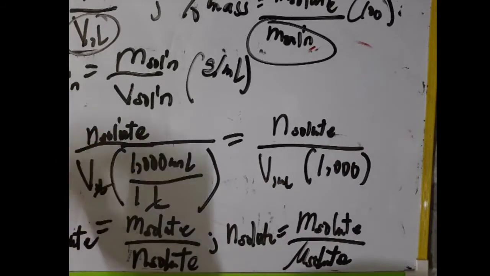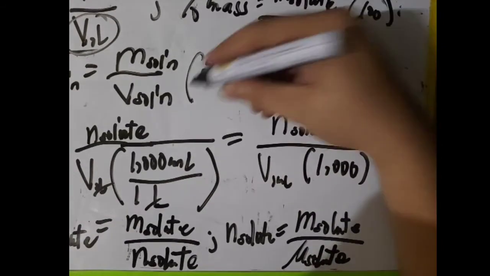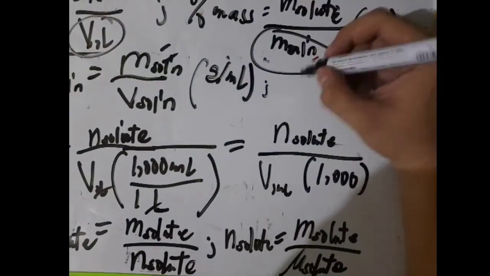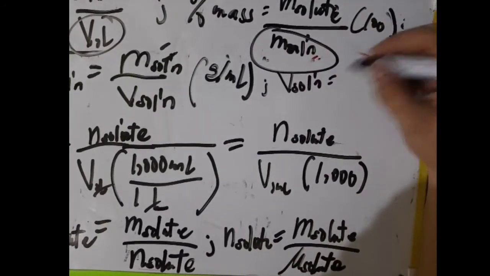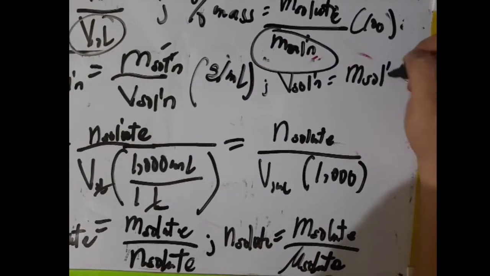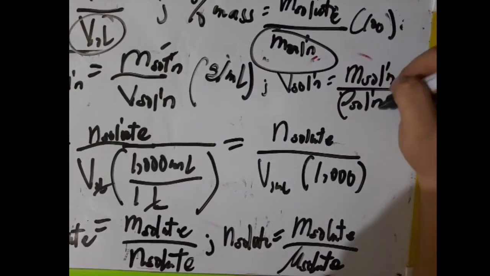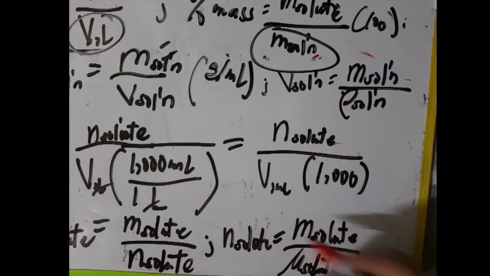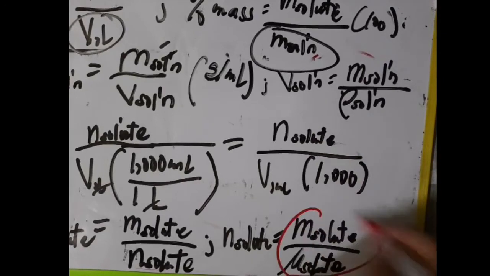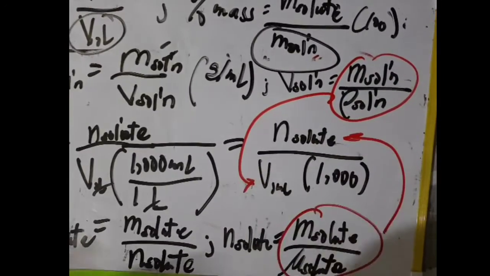So what happens here? Before I forget, rearranging this definition of density, the volume of this solution is equal to the mass of this solution divided by its density. Now, what we do here is we substitute this expression to the moles of solute and this expression to the volume of the solution in ml.